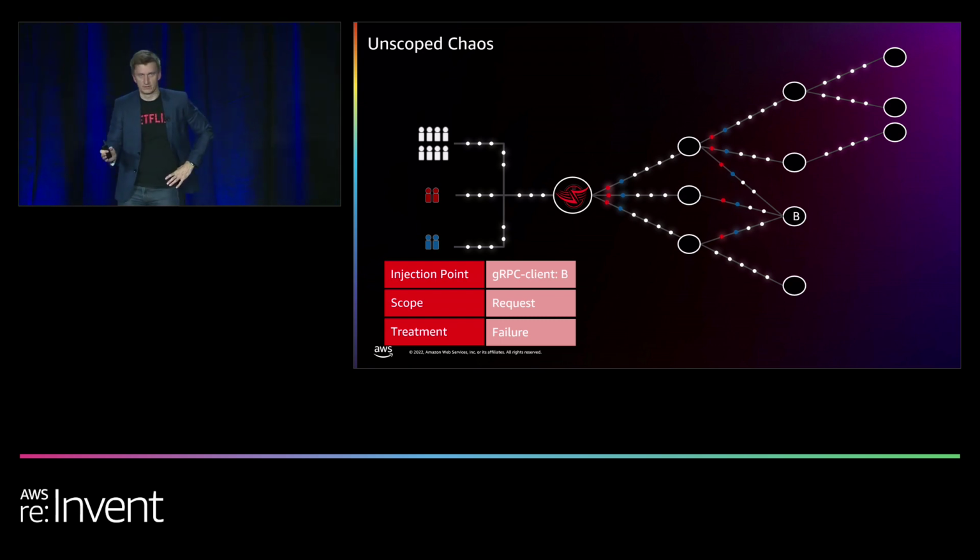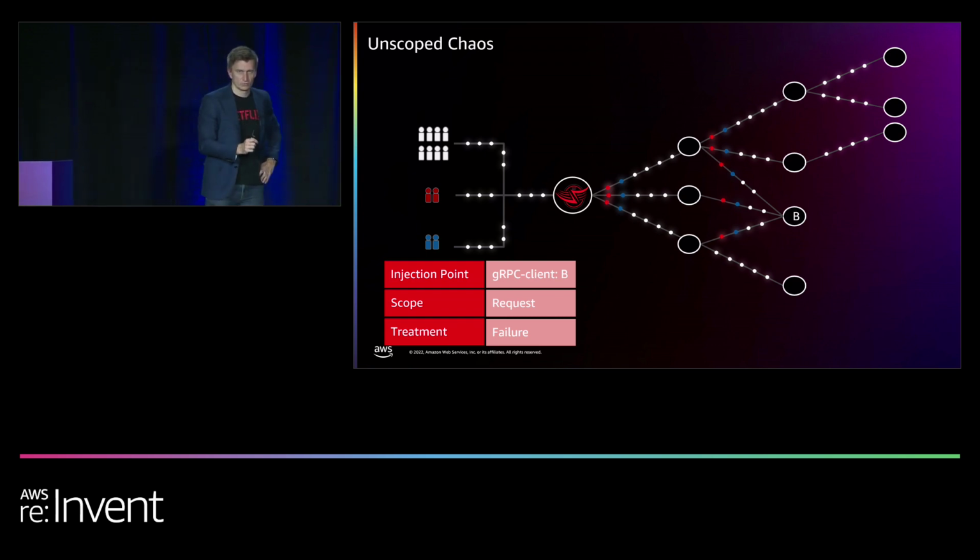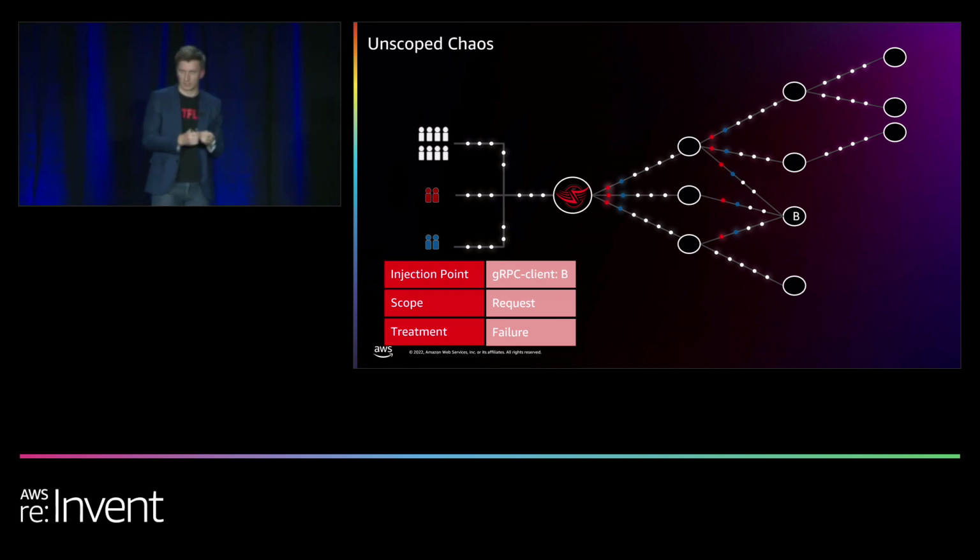So we have two groups of devices. We have the canary and baseline members, and we still tag their requests with canary or baseline tags. But we do not scope to a single cluster. Instead, we still want to inject at gRPC client injection points talking to service B, which means that as these requests are propagating through the infrastructure, whenever they reach such an injection point and they want to talk to service B, the error will be injected and those requests will fail.